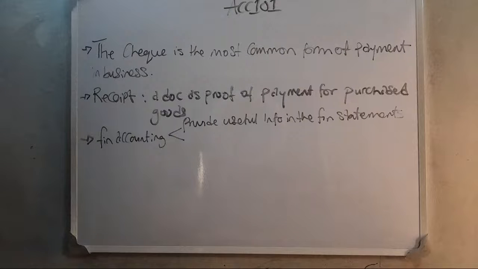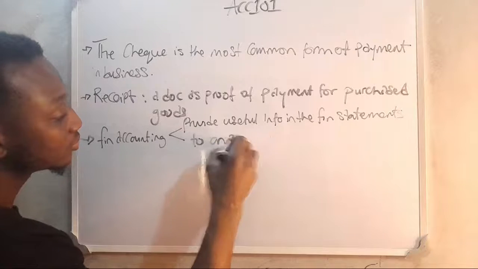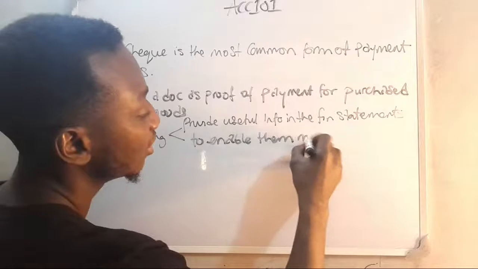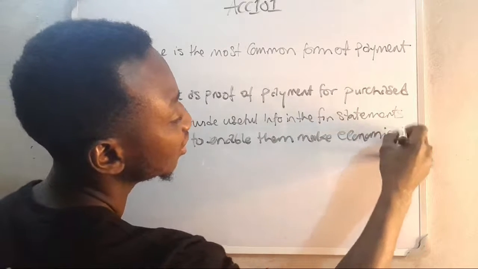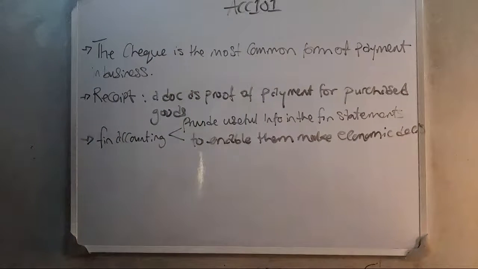The board of management and the shareholders are the users of financial statements, in order to help them make decisions, to enable them make economic decisions. That is the purpose of financial accounting. So we have that as that.